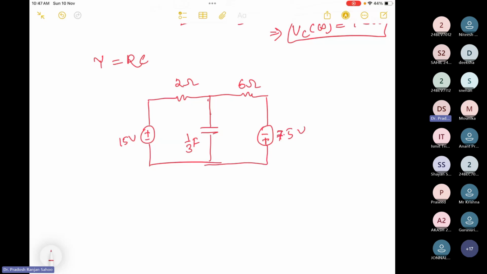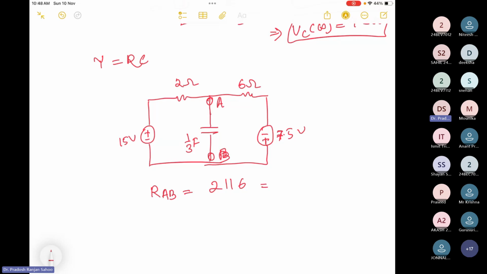So across the capacitor, always you need to find out the time constant. So let this be your A, this be your B. What is RAB here? So RAB you can find out, 2 and 6 are parallel. 2 and 6 are parallel. Okay.